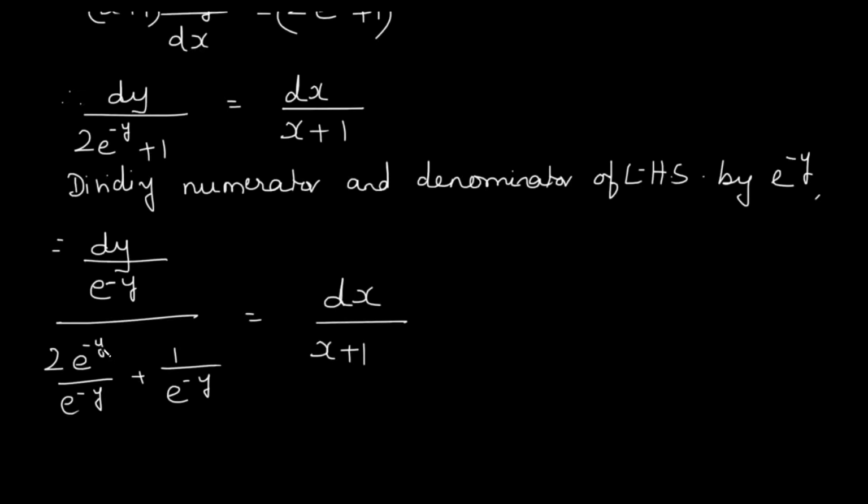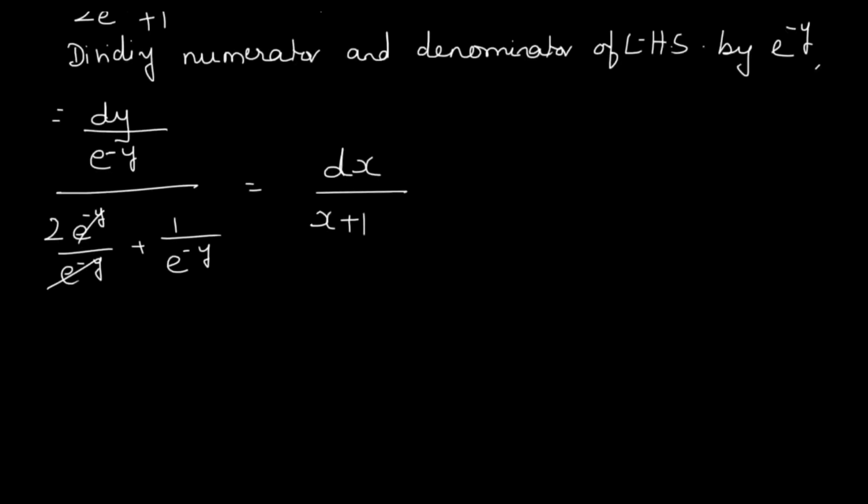Now obviously over here the e raised to minus y terms go away. Above, dy upon e raised to minus y can be written as dy into e raised to y. That means e raised to minus y goes to the numerator here and becomes positive. The same case over here, 1 into e raised to y, we can write as just e raised to y.